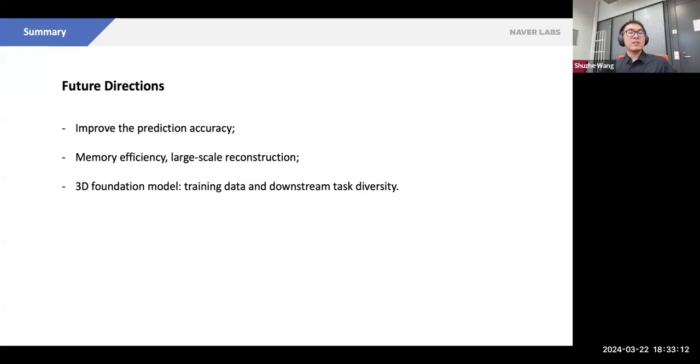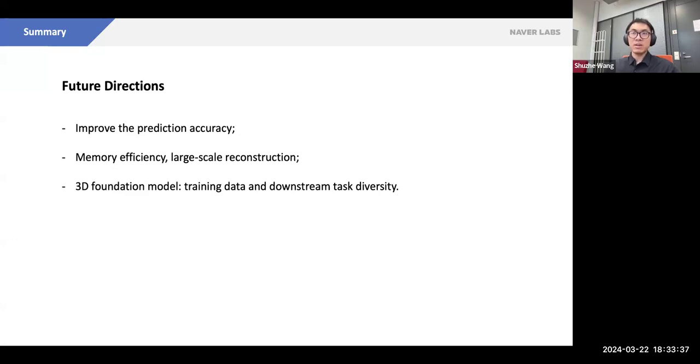So I think we have some further directions for this work. The first is improved prediction accuracy. We have observed that our prediction outdoors is not that accurate compared to COLMAP reconstruction. We think that there is a data training imbalance between indoor and outdoor.